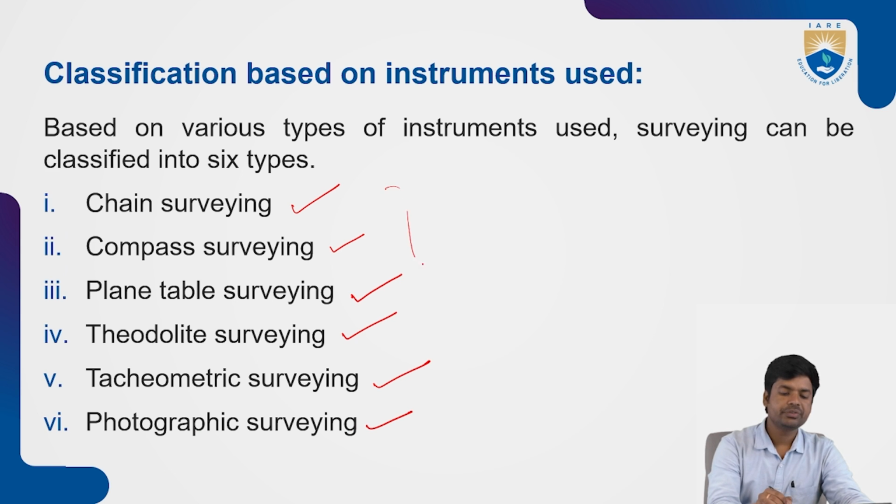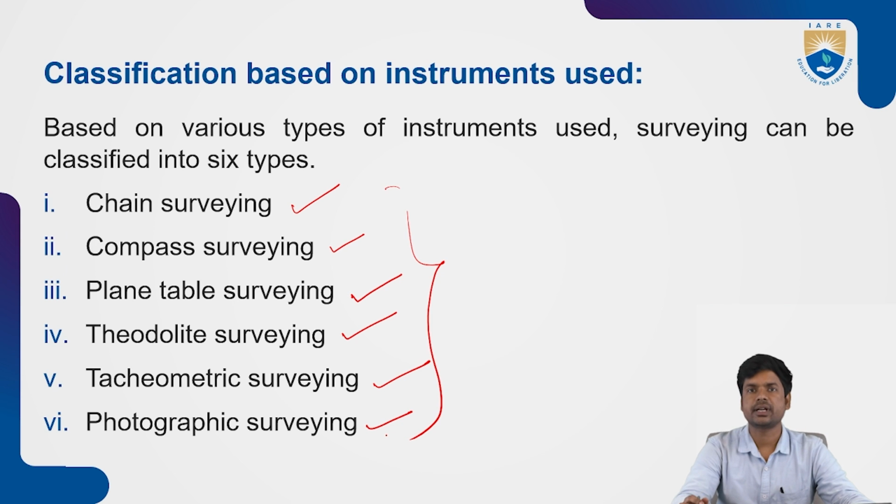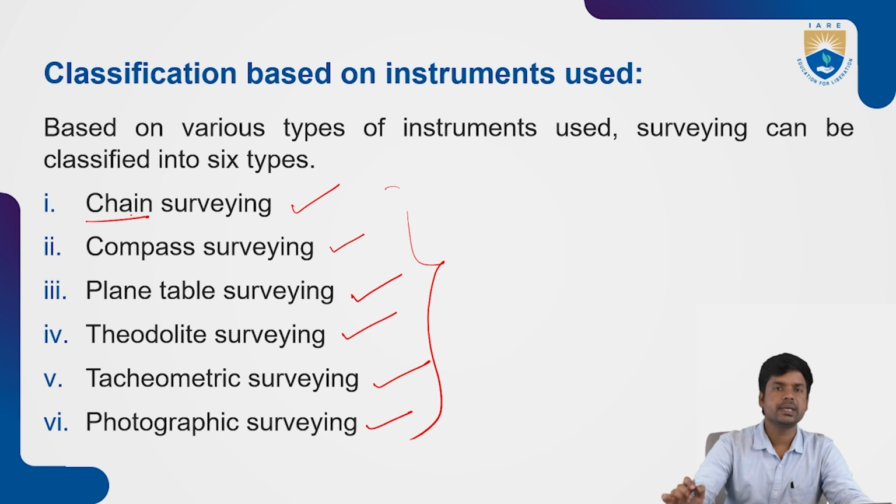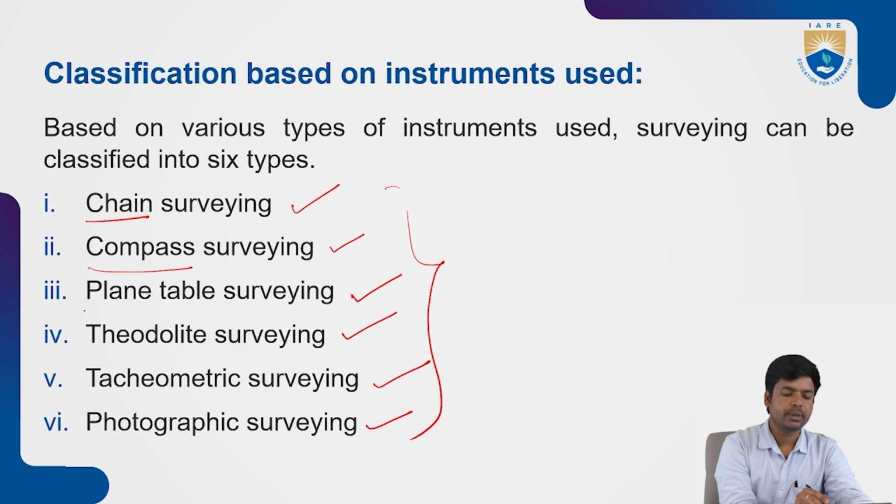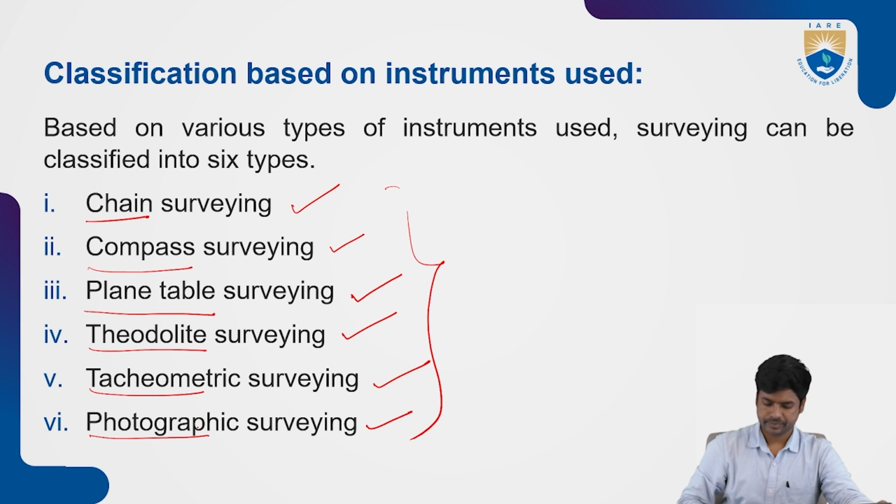These are the different types of classification in surveying based upon the instrument used. Here we use a chain as a measurement tool for doing small area surveys. Next, compass and plane table are instruments, and then theodolite, tachymetry, and photographic survey.